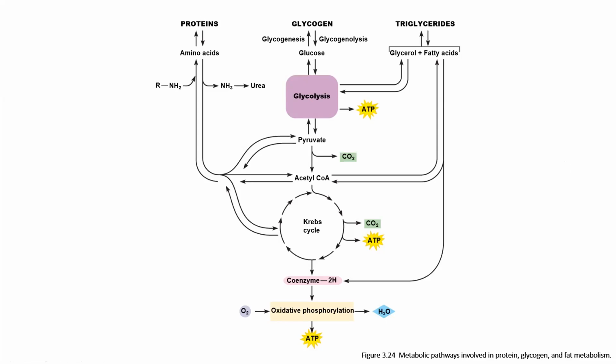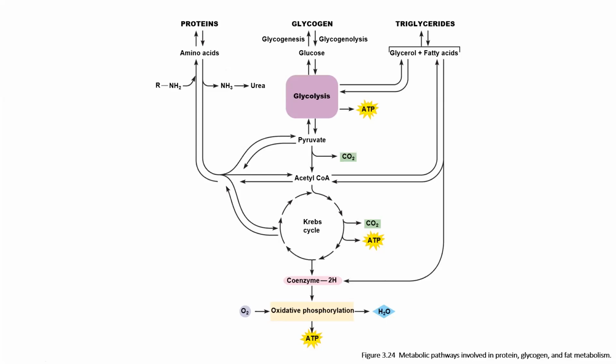Now, I want to make sort of a disclaimer here. Glycogen and triglyceride are our main energy storage and energy molecules that we can catabolize to make ATP or to drive this process, which then makes ATP. Proteins are not usually catabolized, at least not right away. You'd have to be in a starvation mode or in severe energy malnutrition.